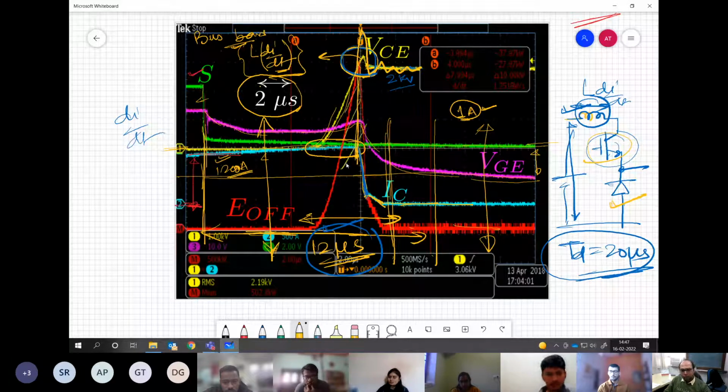So this whole curve, whatever area it is occupying, is the total power loss in the device during turn off. So we can say turn off power loss or switching energy loss.